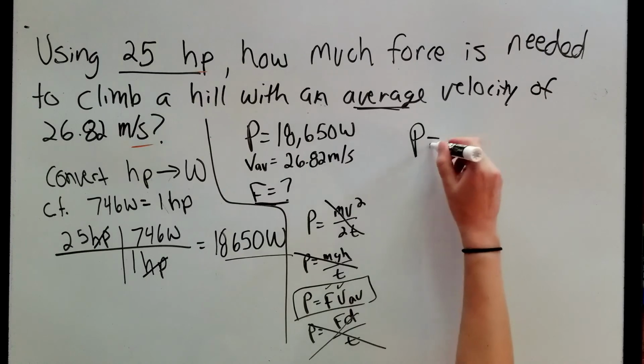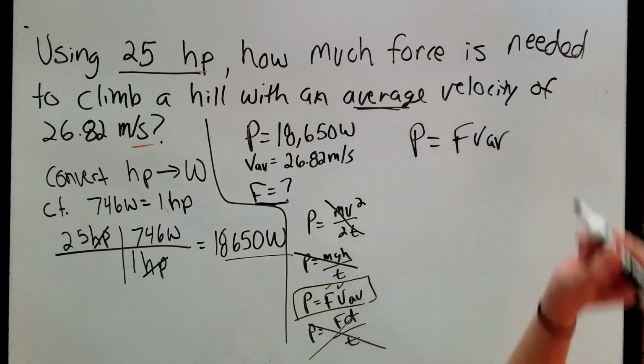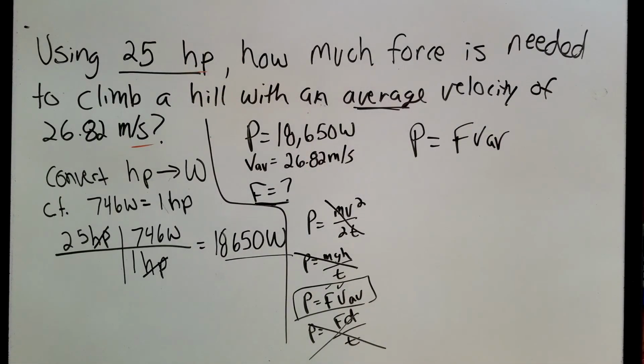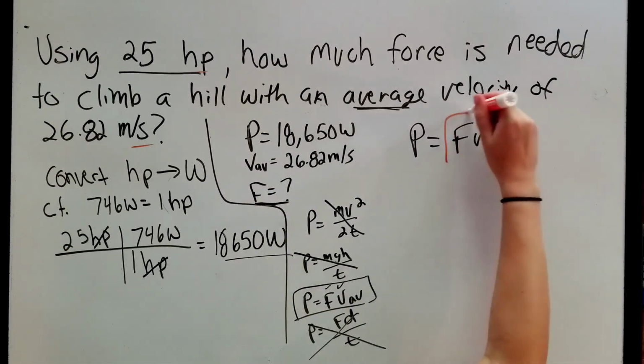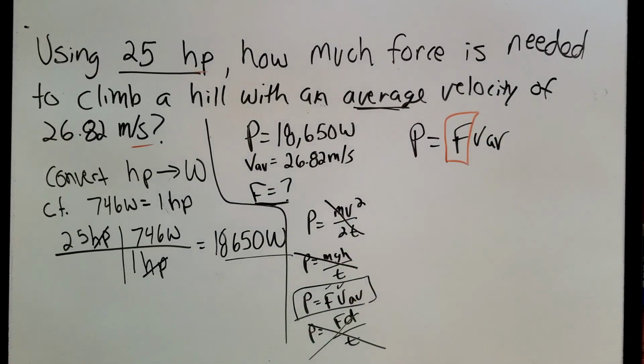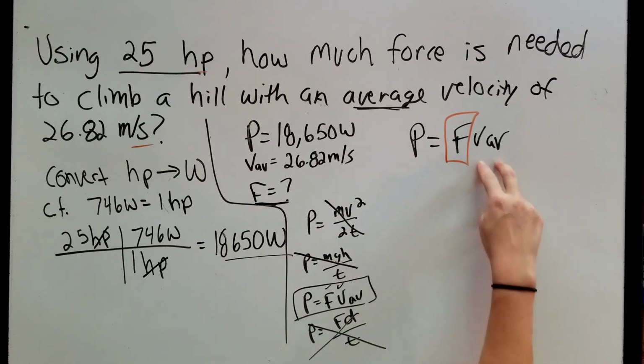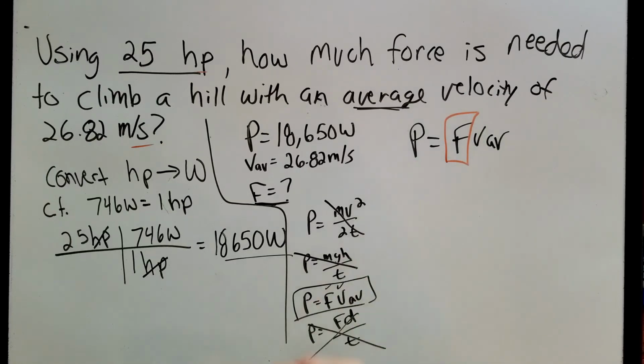So I'm choosing that equation, but notice I'm going to have to rearrange it because I'm solving for force. That's what's got the question mark by it. So I need to get force by itself. So that V average I need to get on the other side of the equation. So to get it on the other side of the equation, I need to divide by V average.